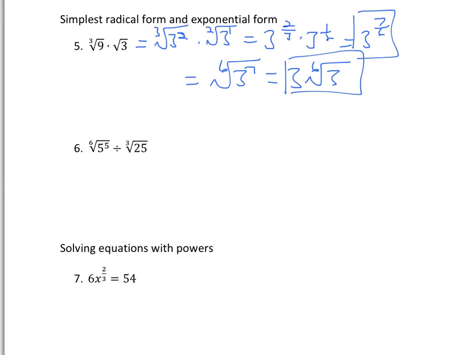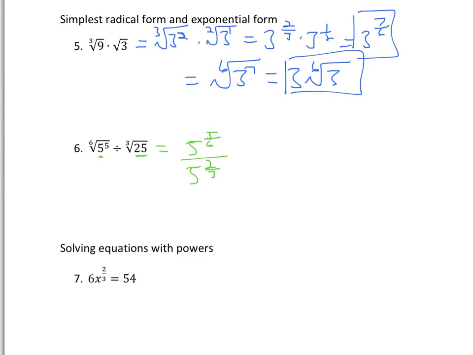And number 6, we have to manipulate this to make it have the same base, and we can convert to radical form. So we have 5 to the 5/6 power divided by 5 to the 2/3 power, because it's the same as 5 squared.